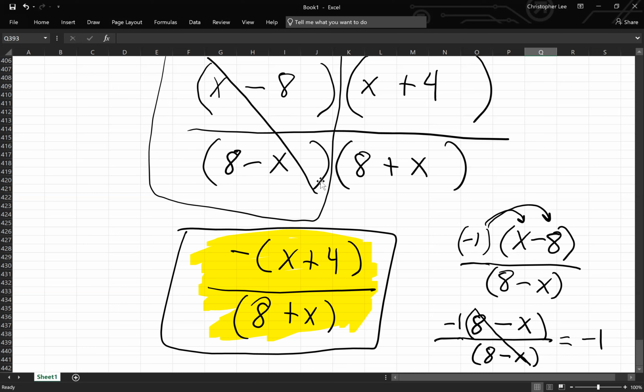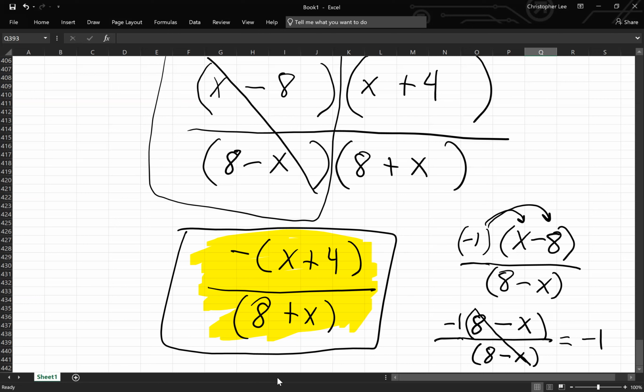When it comes to quadratics, say your C term is negative, right? That means that one of your factors is positive and one of your factors is negative. The larger one has the same sign as whatever your B is.